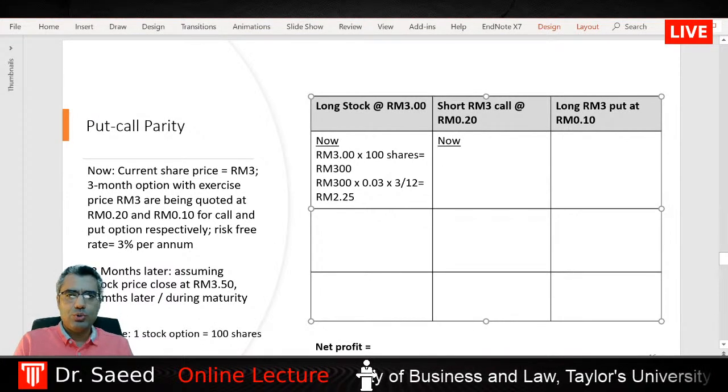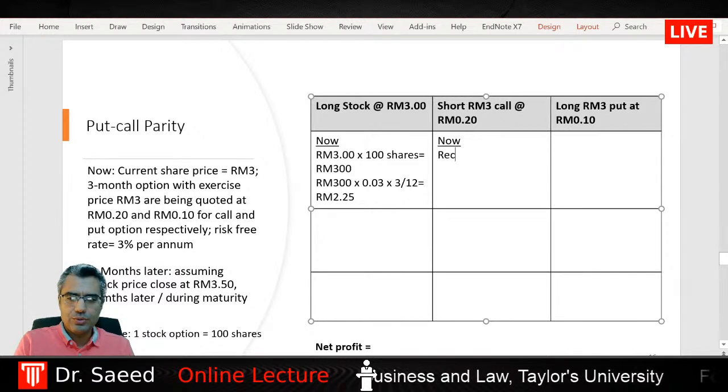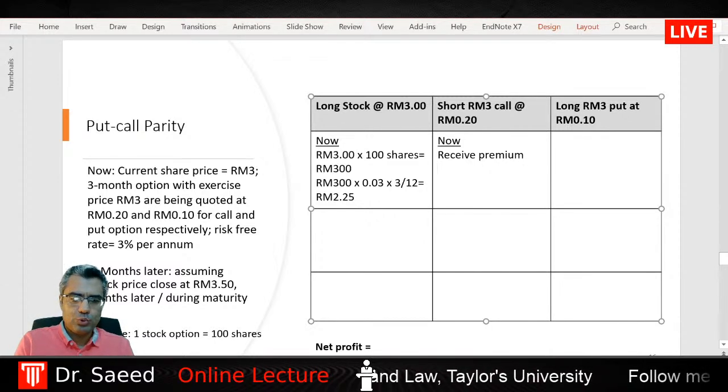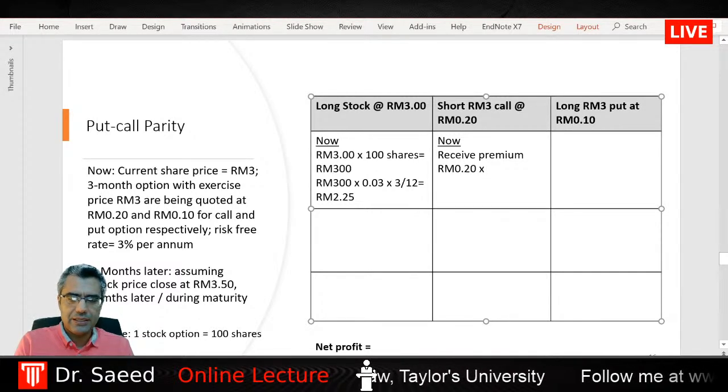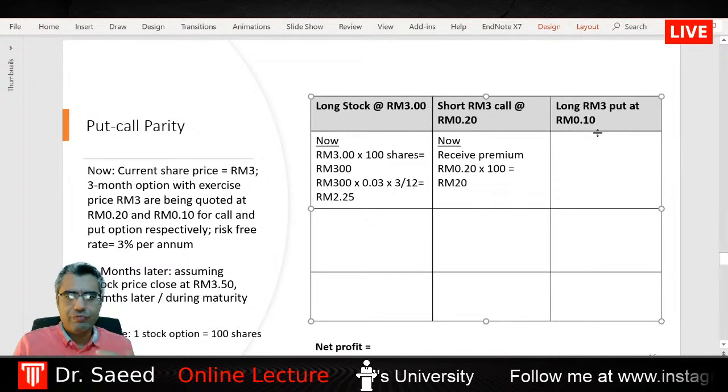So this means you are shorting, means you sell call. So when you sell call, you receive premium. And the amount of premium is 20 cent per share, and each option is written on 100 shares. This means that 20 ringgit you receive for selling this option.